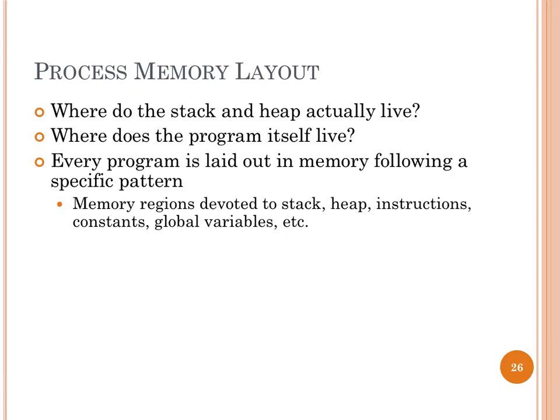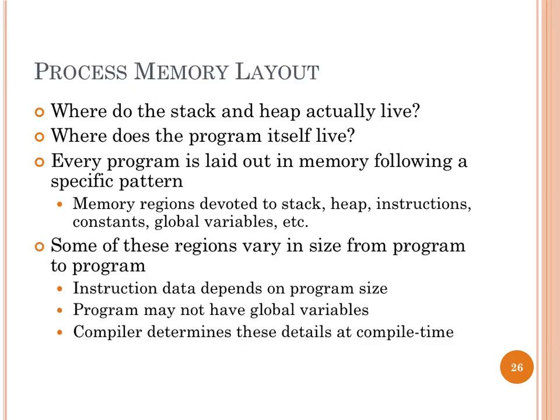Okay? And so you have a region of memory for the stack, another region for the heap, blah, blah, blah. Okay? And some of these regions will vary in size. Like how big the program text is. Well, that clearly varies from program to program. What read-only data do I have? That also varies from program to program. So the compiler figures that stuff out, and the linker also has a giant role to play in figuring out those details.